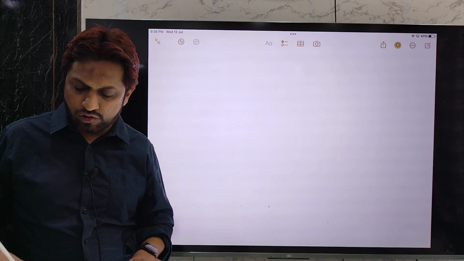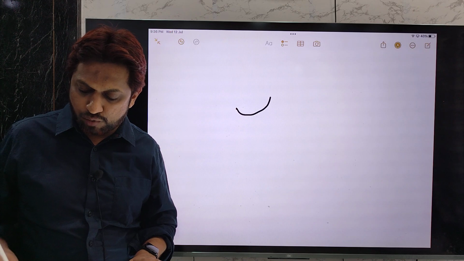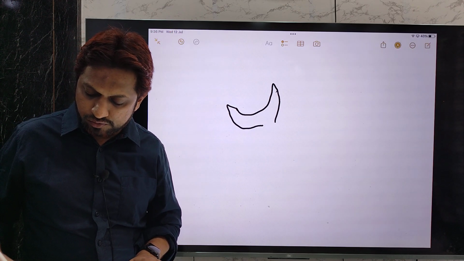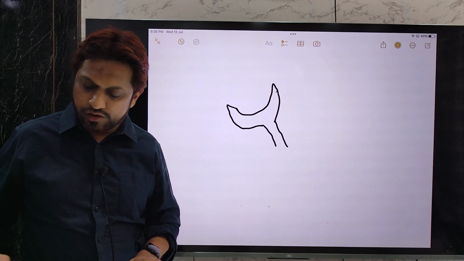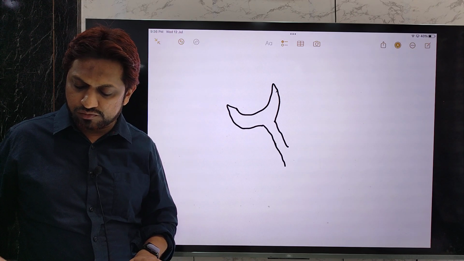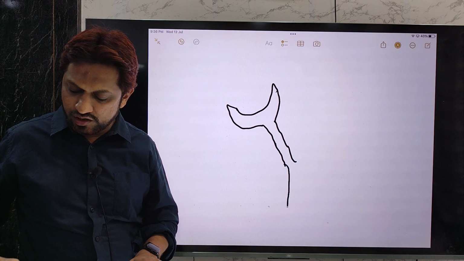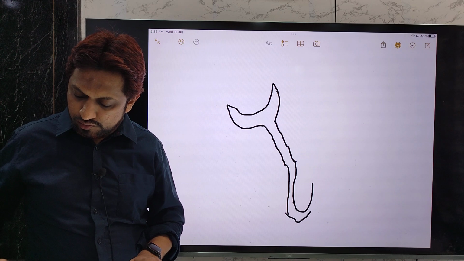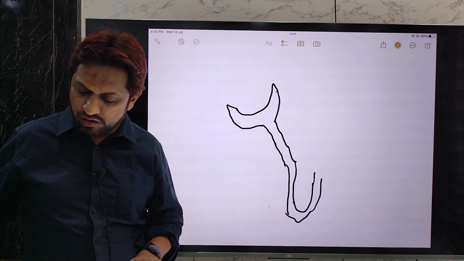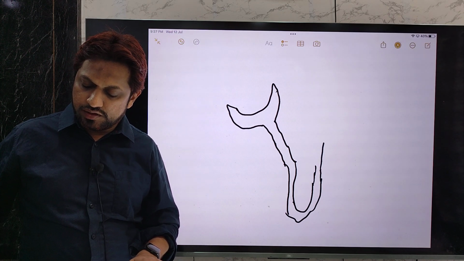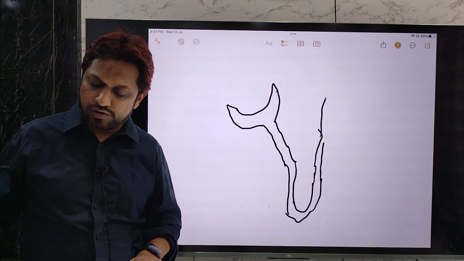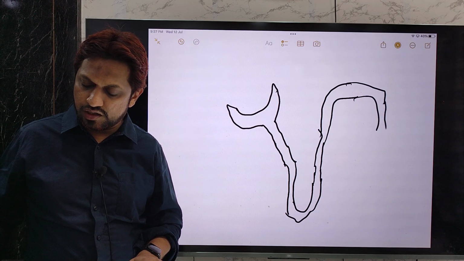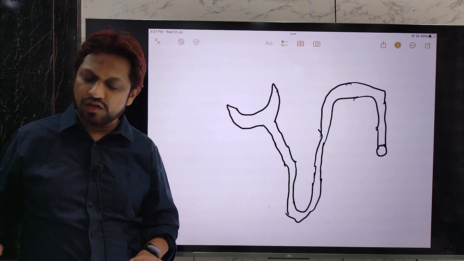There is a Bowman's capsule, and the continuation of that Bowman's capsule is the proximal convoluted tubule. Then we have a bend known as the loop of Henle. I'm drawing just a line diagram, not a correct anatomical diagram. Then we have the distal convoluted tubule, and finally the collecting duct, which ultimately drains the urine.